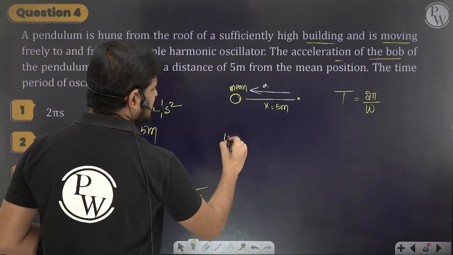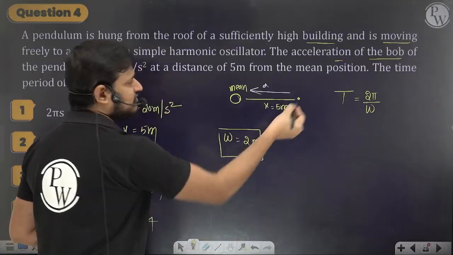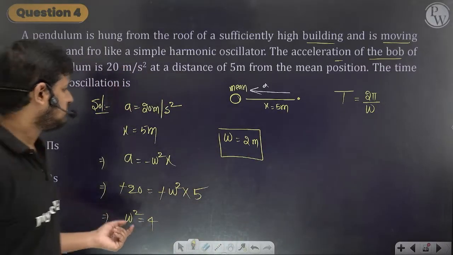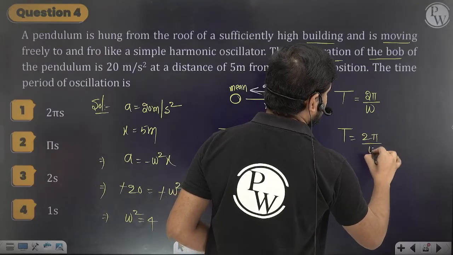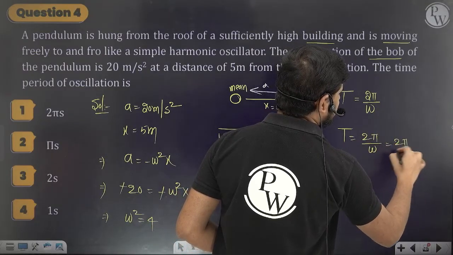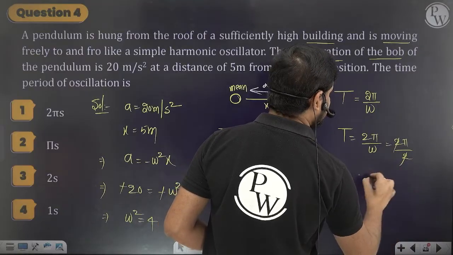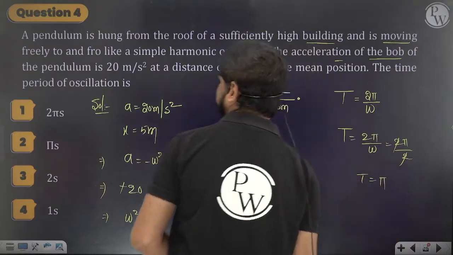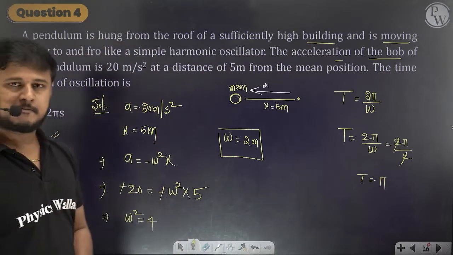So omega equals 2 radian per second. So we got the omega. Then find the time period. What's the time period? 2 pi by omega, which is 2 pi by 2, the 2 cancels. So the time period is pi seconds. Option 2 is the correct one.